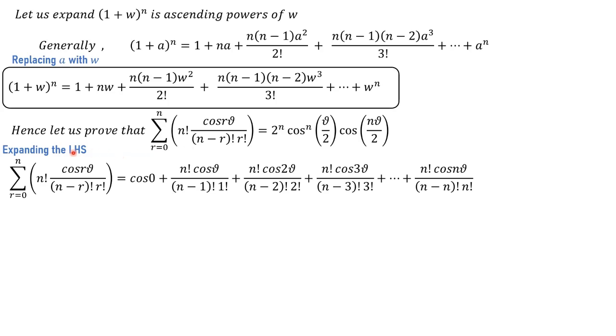Expanding this left hand side, we are going to have what? Since r goes from 0 to n, we are simply going to replace everywhere we see r with 0, 1, 2, and so on until we reach n.